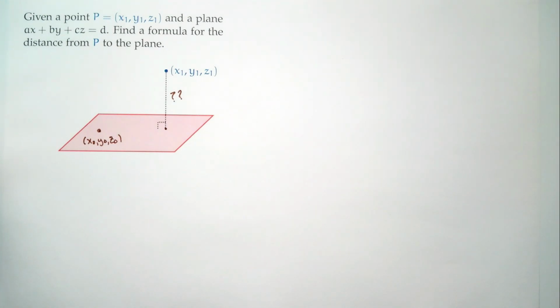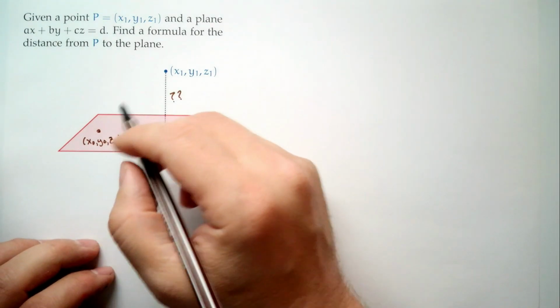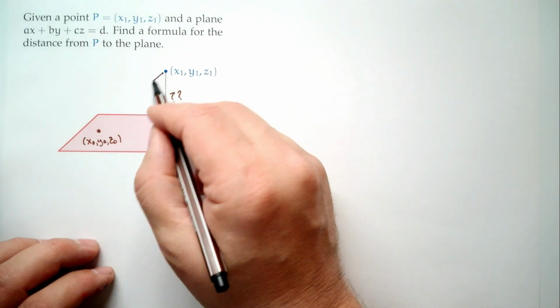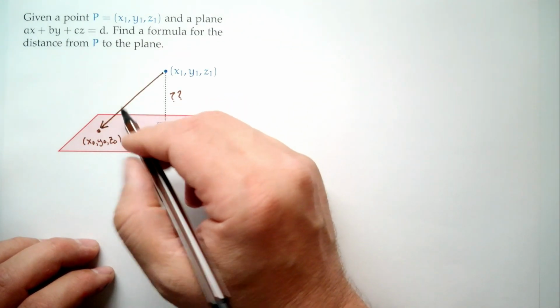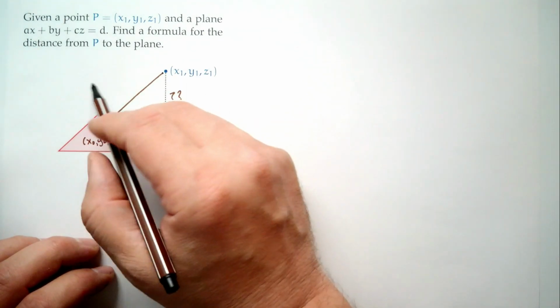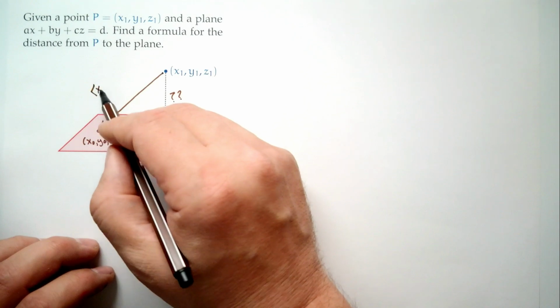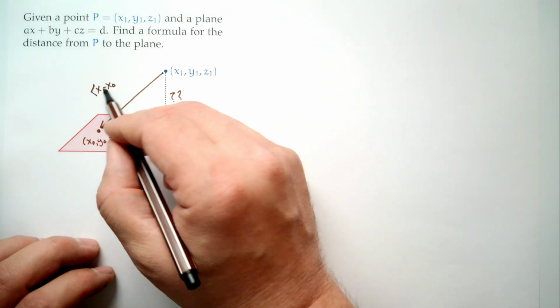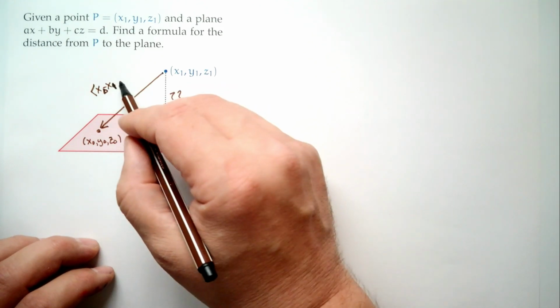So what I can do, that's not so bad, is I can talk about the vector. So let's do that vector. I can do a vector from my point x1, y1, z1 to x0, y0, z0. So the change in x, I got them backwards.